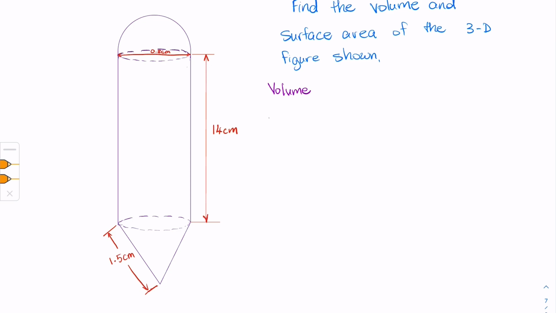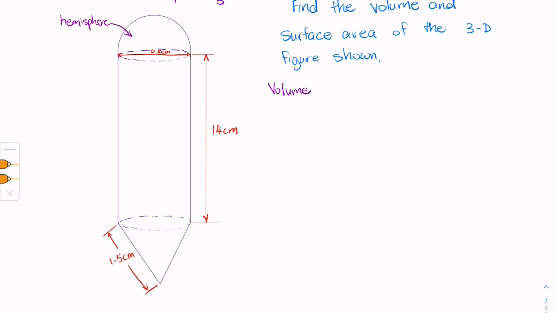So in order to find the volume, we do need to find the volume of all three shapes that we see and add them up. So here is a hemisphere, half a sphere. And so let's write that down. And the volume of a sphere formula, if you look that up, is 4 over 3 pi r cubed.